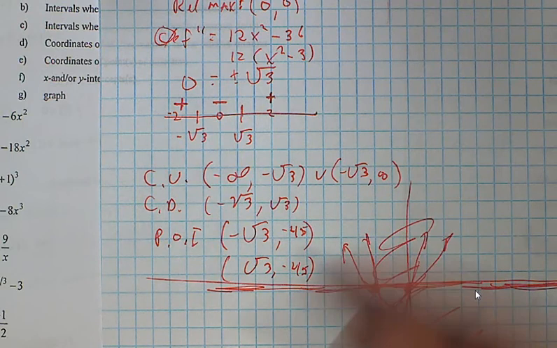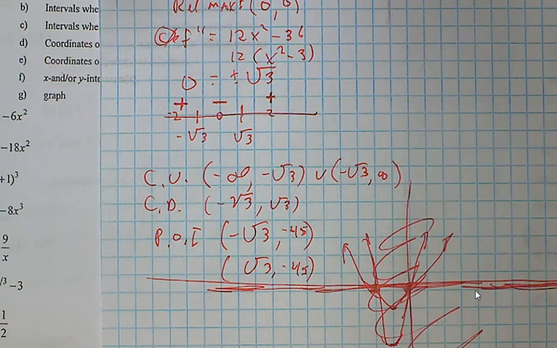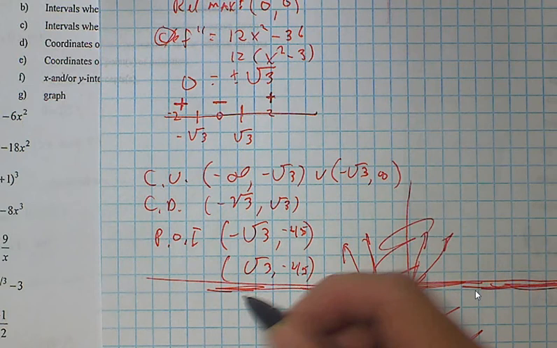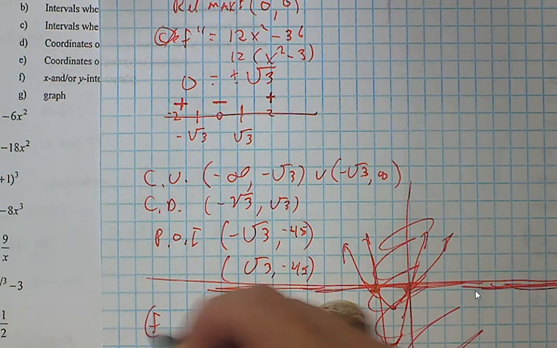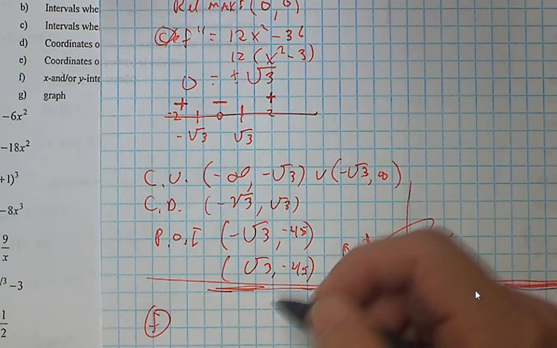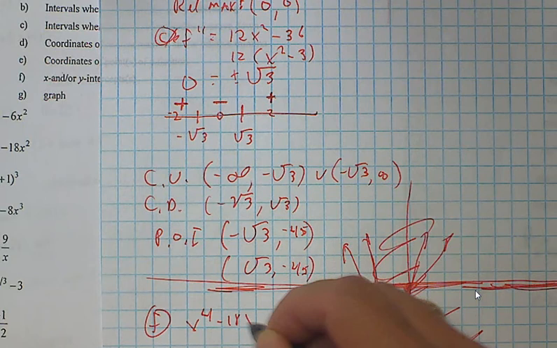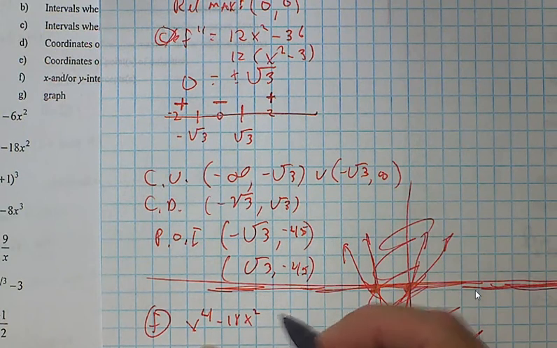Okay. F says x and or y intercepts. That's going to come out of the original equation. So I'm going to factor that guy out.